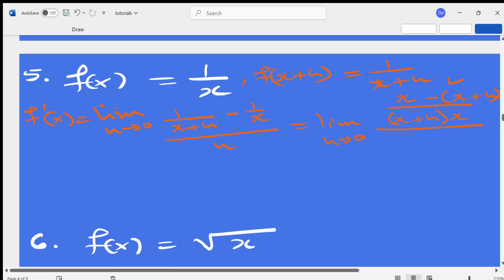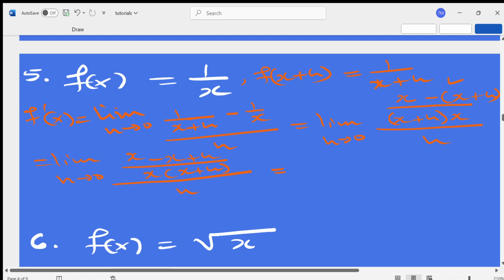Remember, everything is over h. Now you have the limit as h goes to 0 of, when you simplify, removing the brackets, x minus x plus h over x times x plus h. Remember, everything over h.